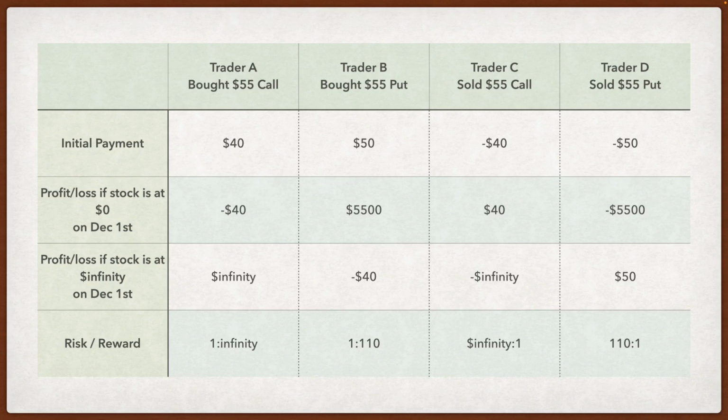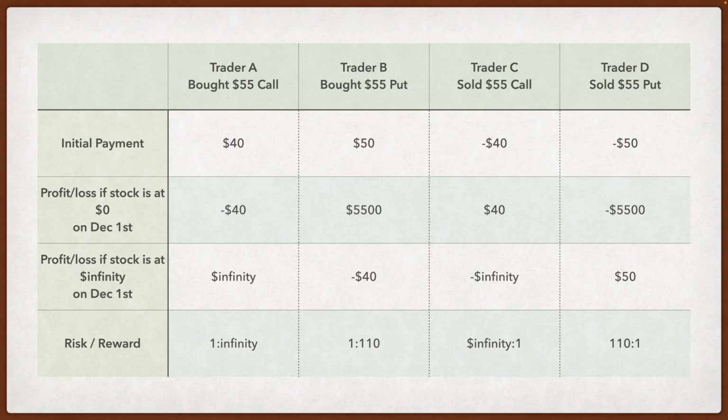Trader B is not quite so lucky. The most that trader B can make is $5,500, which is basically they are selling stock at $55 each, and that stock has no value. So basically they're selling something that has no value for $55, which is a pretty good deal.